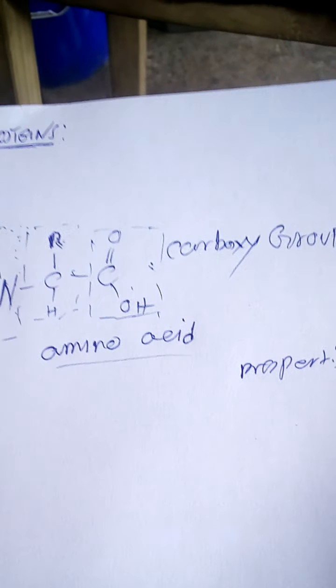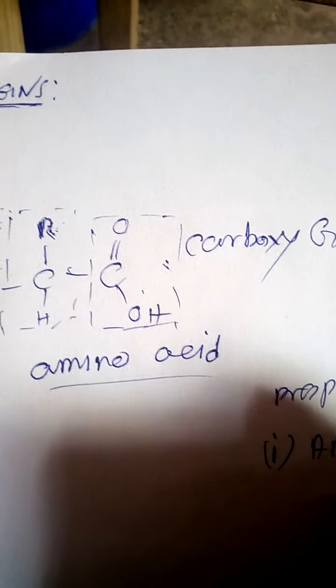One of the properties of amino acids is that they are amphoteric. Just write it down. Amphoteric.